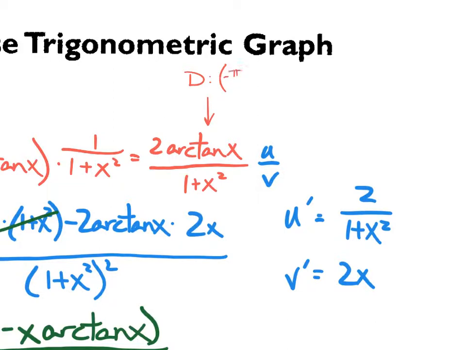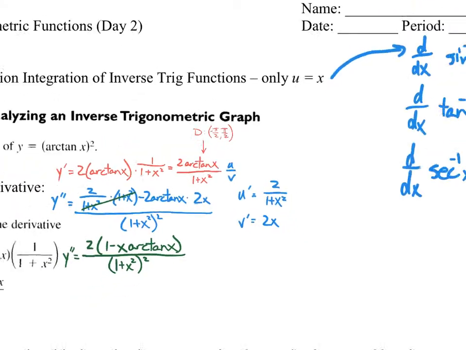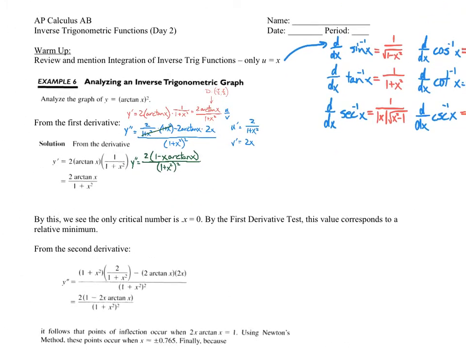So with the critical values, think about where tangent is equal to 0. It's only when x is 0, because the tangent of 0 equals 0. The denominator will never equal 0, because 1 plus a positive value will never equal 0. So that's why down here you see the only critical number is 0.